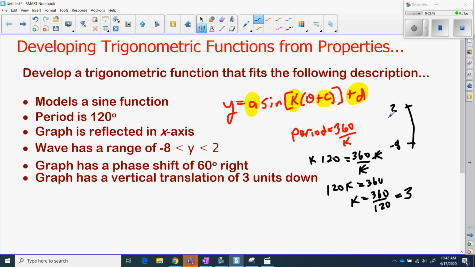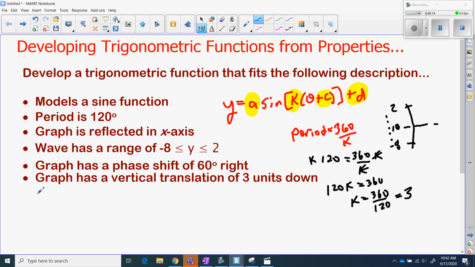So if I go from -8 to 2, that's clearly 10 units. Well, the amplitude is, if you're in the middle of the wave, how far is it to the high point or to the low point? Basically half the width of the wave. If the wave is 10 wide, then I know that A has got to be 5.